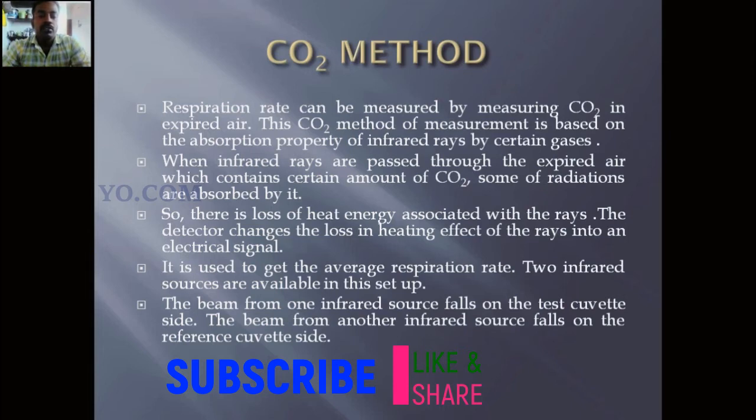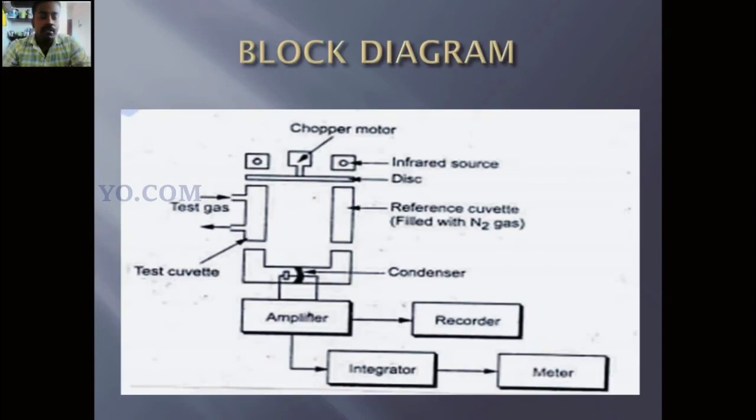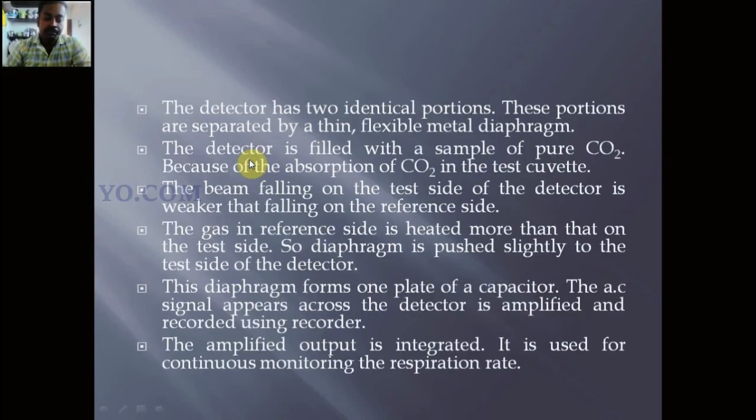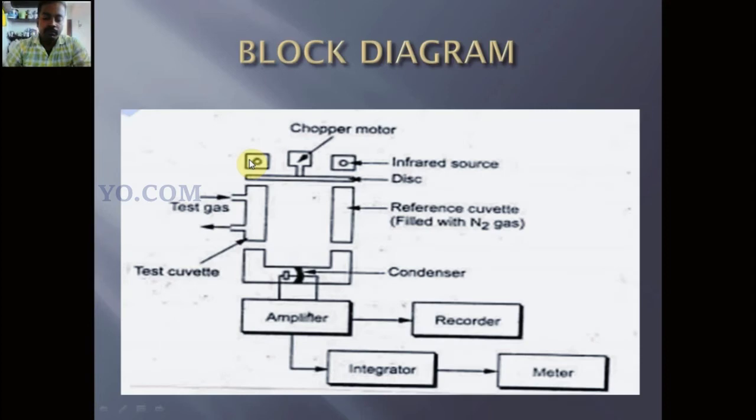Two infrared sources are available in this setup. One infrared source is for the test CO2 signal and another infrared source is used for the reference signal. So see the block diagram. Here we have this infrared source and this is also an infrared source. This is a chopper motor.